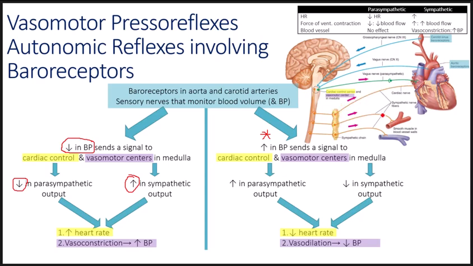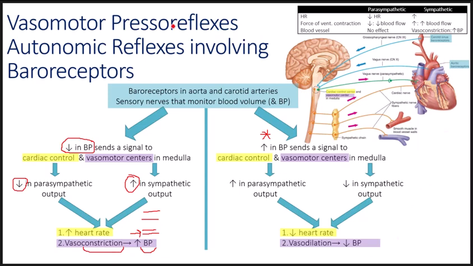It's also going to send out signals to your blood vessels, causing them to constrict. Going back to the principles that I've already discussed, if you have a vessel that's this wide and then you constrict it, blood has a harder time moving through it and it creates resistance against the walls. And that resistance against the walls, that pressure against the walls, your blood pressure is going to increase.